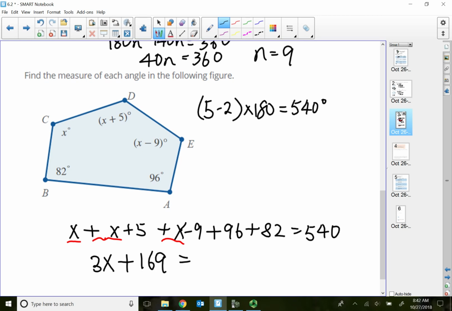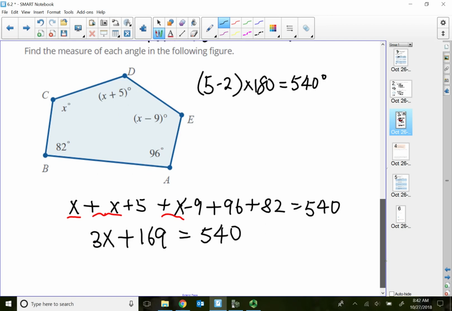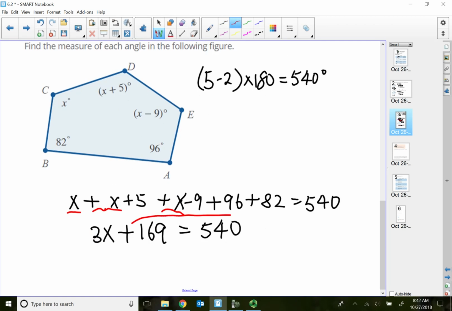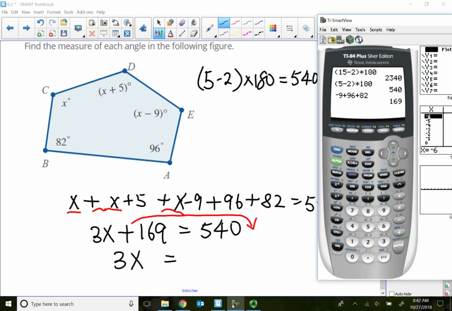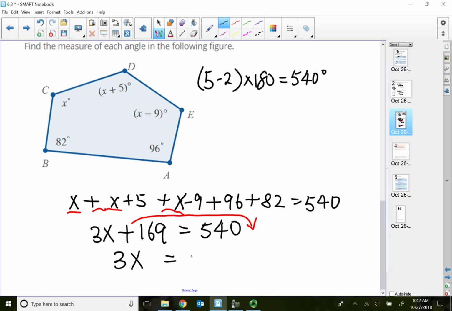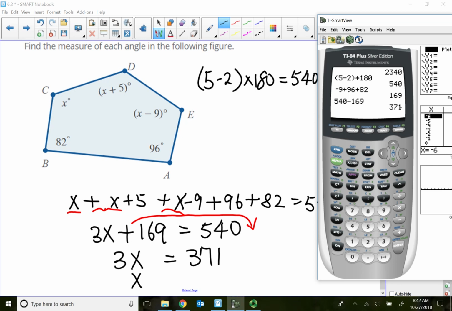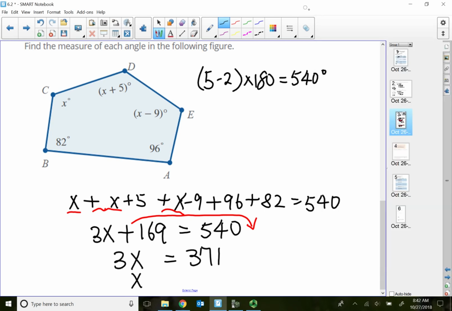Set equal to 540, I move the 169 to the right side to become negative. So 3x equals 540 minus 169, which is 371. Dividing by 3 gives 123.6 repeating.